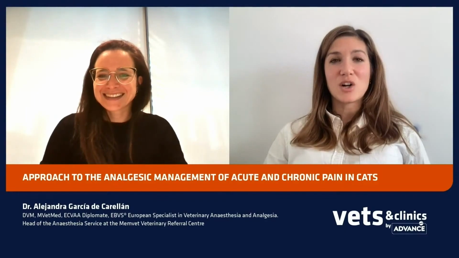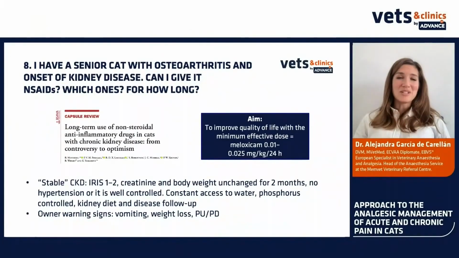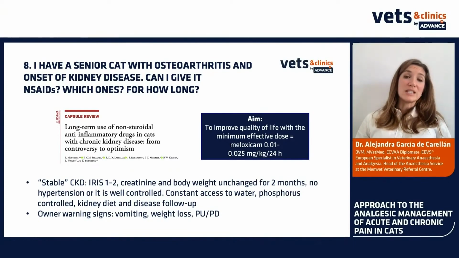This is actually a common clinical situation: a cat with, for example, hip dysplasia or basically osteoarthritis, that also has chronic kidney disease. Regarding the use of NSAIDs, we said that we had to be careful when they have kidney disease.